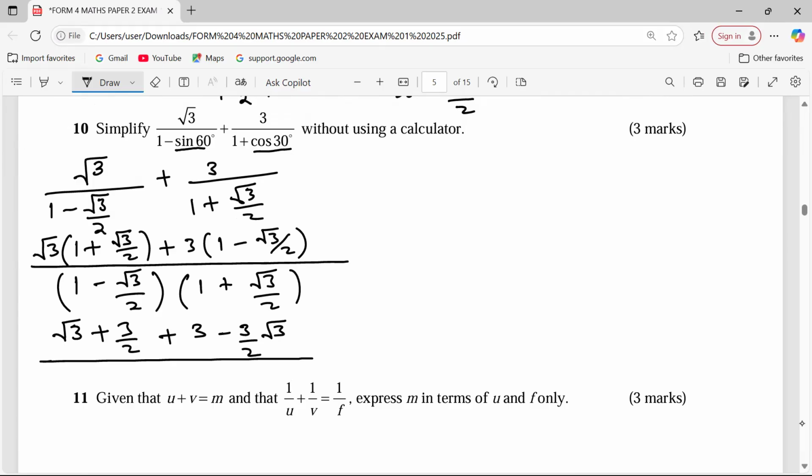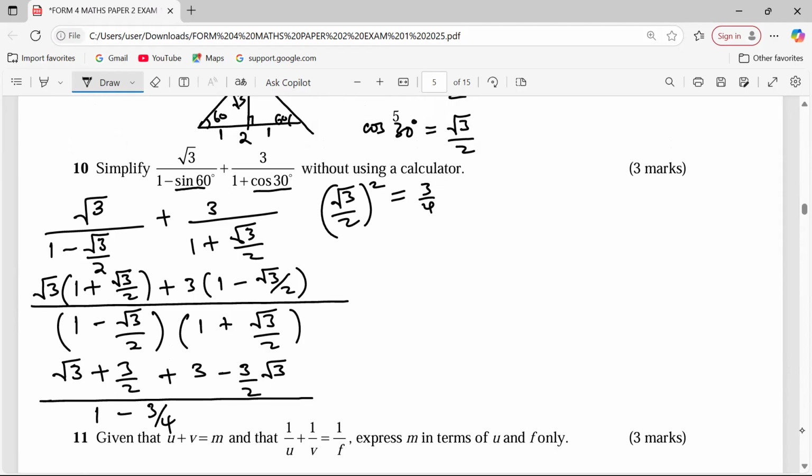And to simply expand this, we need 1 squared, which is 1, minus the root of 3 over 2, also squared. Let me show you what this one will give us. This is going to be 3 over 4. Discover that we are getting a quarter now at the denominator.